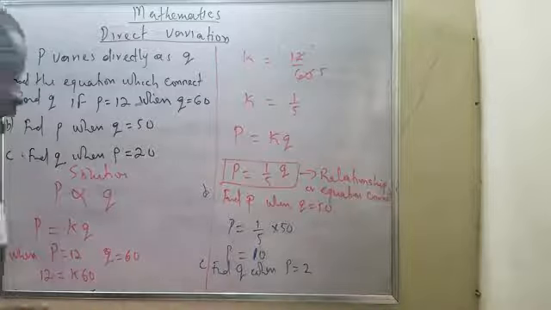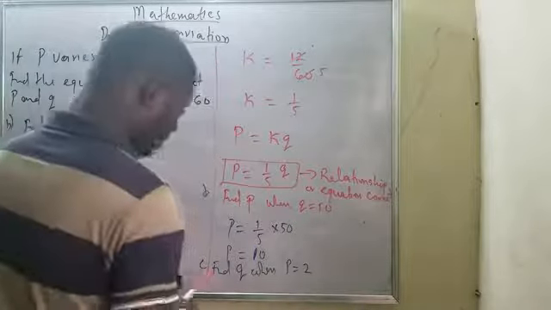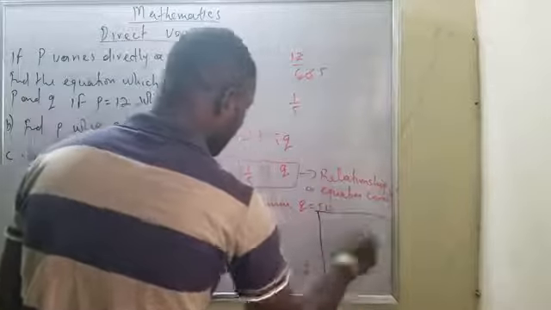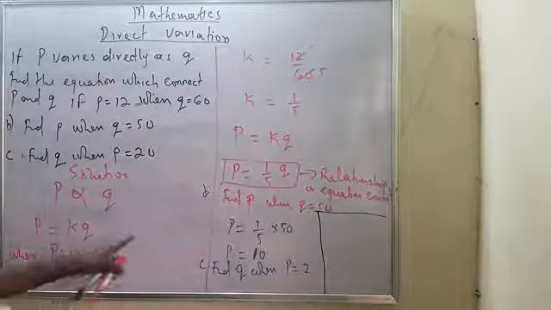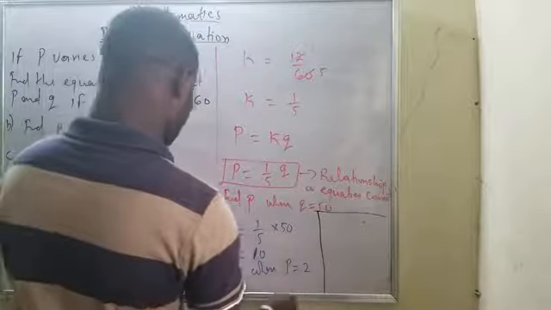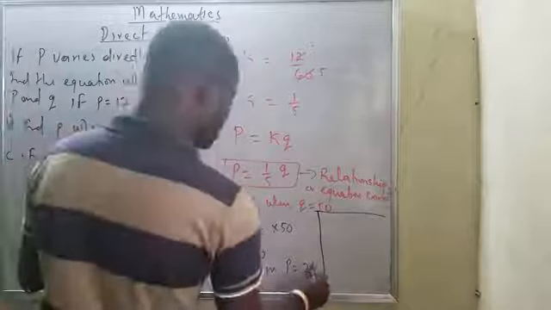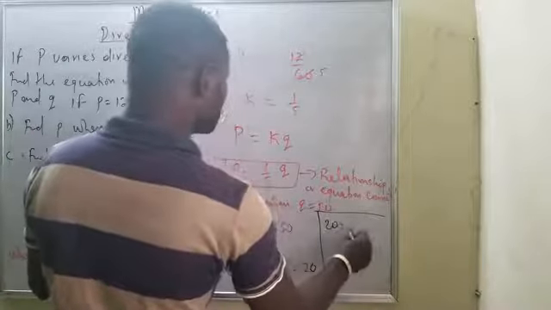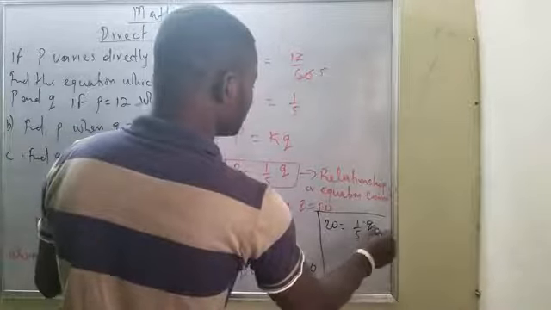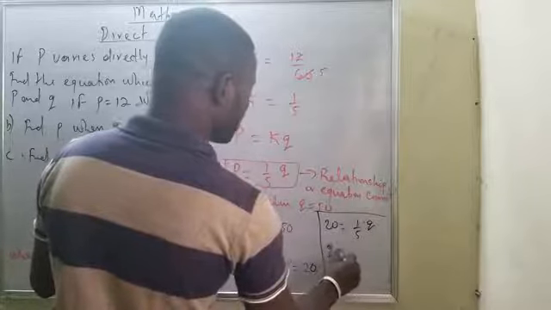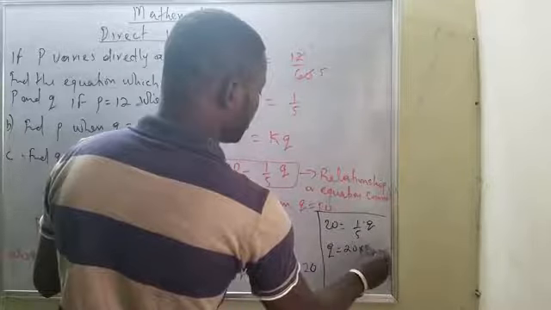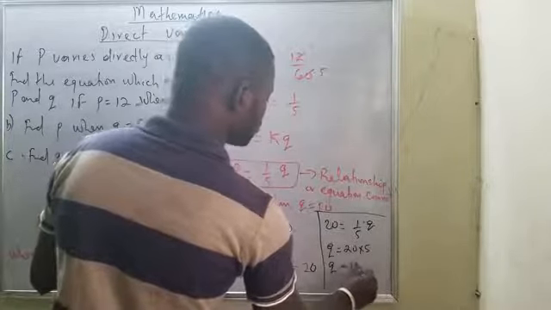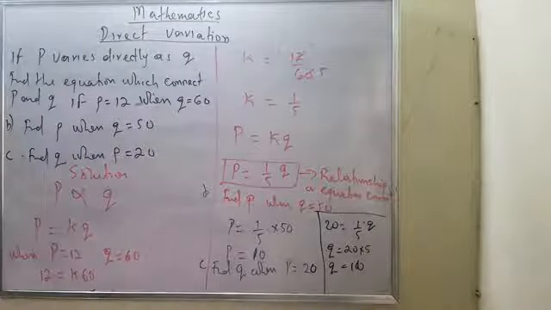Let me quickly manage my board with my black marker. It's 20, sorry. 20 equals 1 over 5Q. It means my Q equals 20 multiplied by 5, which is Q equals 100. That is all about that.